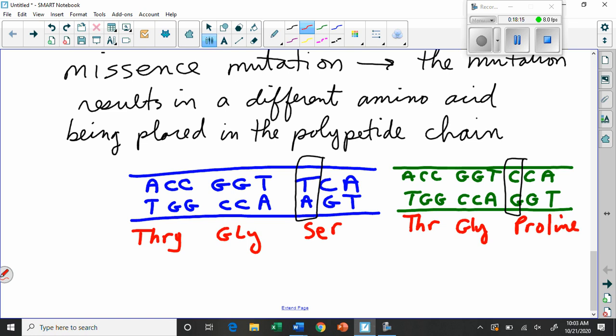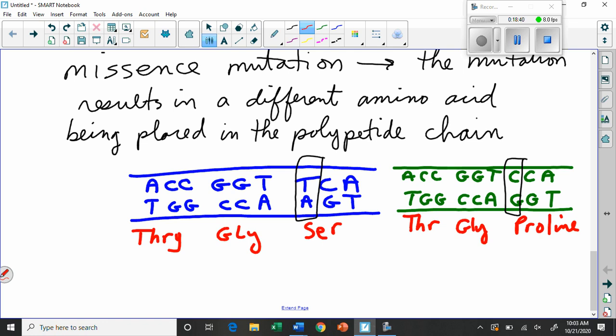We've changed the amino acid that's being made, and that's going to make an entirely different polypeptide chain, which will take on an entirely different secondary and tertiary and quaternary structure, because proline will bend and twist the molecule differently than serine did, and the shape of that molecule will now make it either dysfunctional, or it'll perform a completely different function altogether. So there you go.